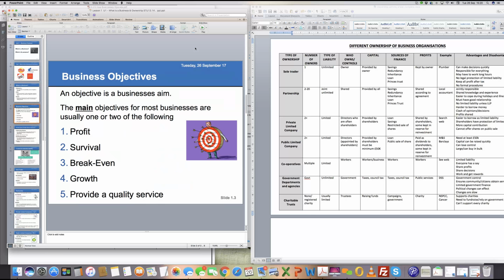Now let's look at the objectives of businesses. Why do you think somebody sets up a business or an organization which produces goods and services?